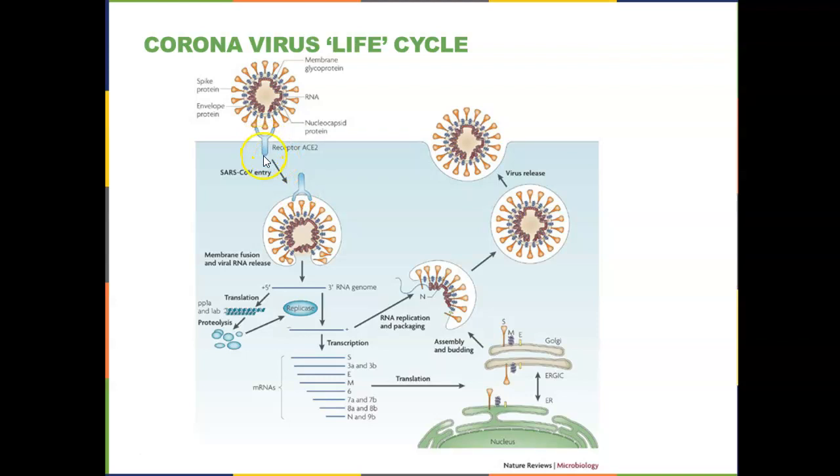The receptor is brought in. This would be an example of receptor-mediated endocytosis. And here we see that the viral particle is within a membrane bubble. It's in a vesicle formed from the cell membrane of the cell that it's entered. The host, it is now its host.